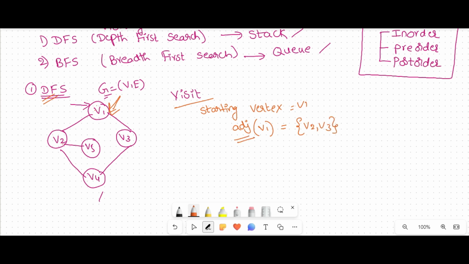What is meant by an adjacent vertex? An edge present between the vertices. V1 to V2, V1 to V3. Now, between V2 and V3, visit any one of the adjacent vertices. So, in depth first search, I am repeating it again.